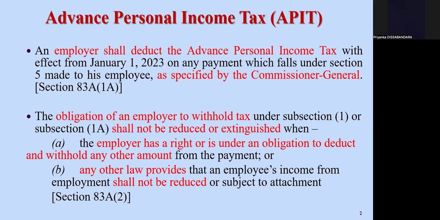That means when making payments to employees, it was not an obligation for the employer to deduct withholding tax. But after April 1st, 2020, under a new name, the withholding tax on employment income was reintroduced. The new name was advanced personal income tax.